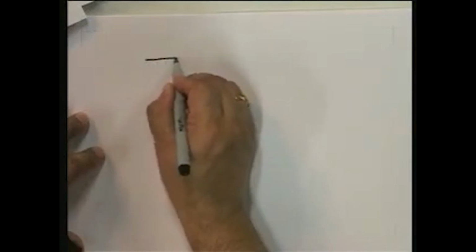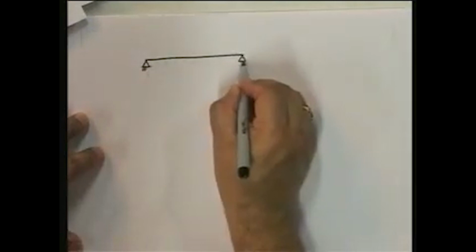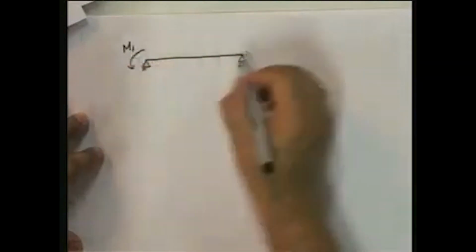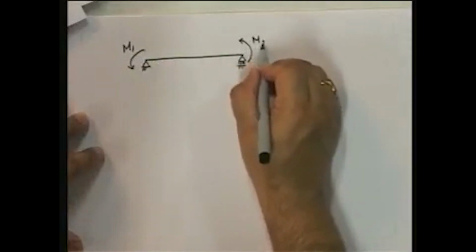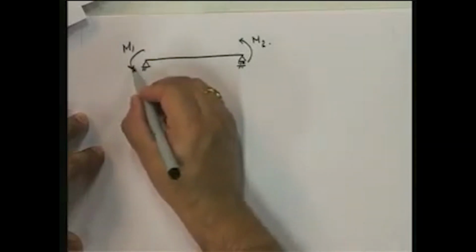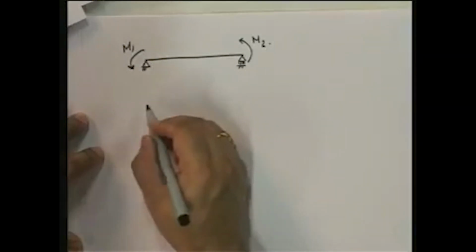Now we need to find out what are going to be theta AB and theta BA due to the fixed end moments. So in other words, I am going to put M1 and M2. So if I plug that in, what do I get?